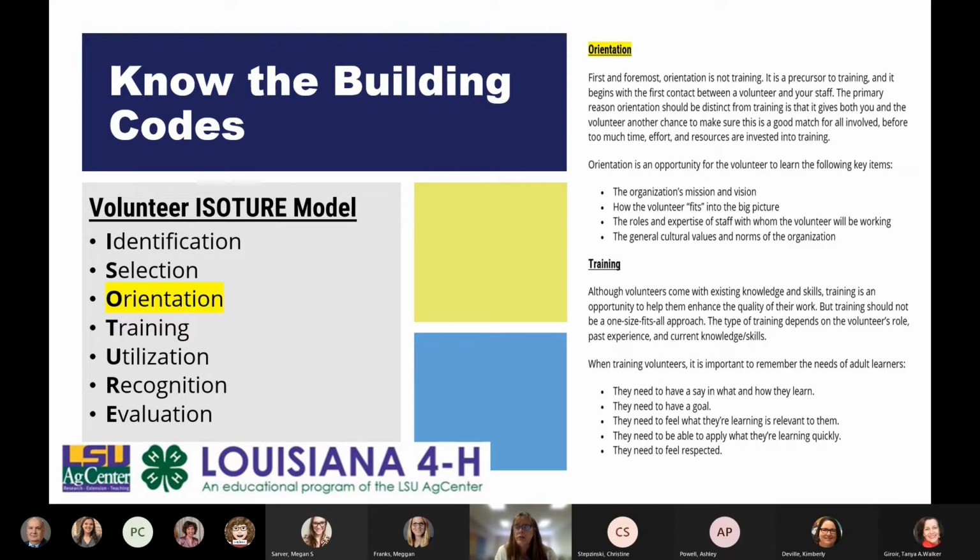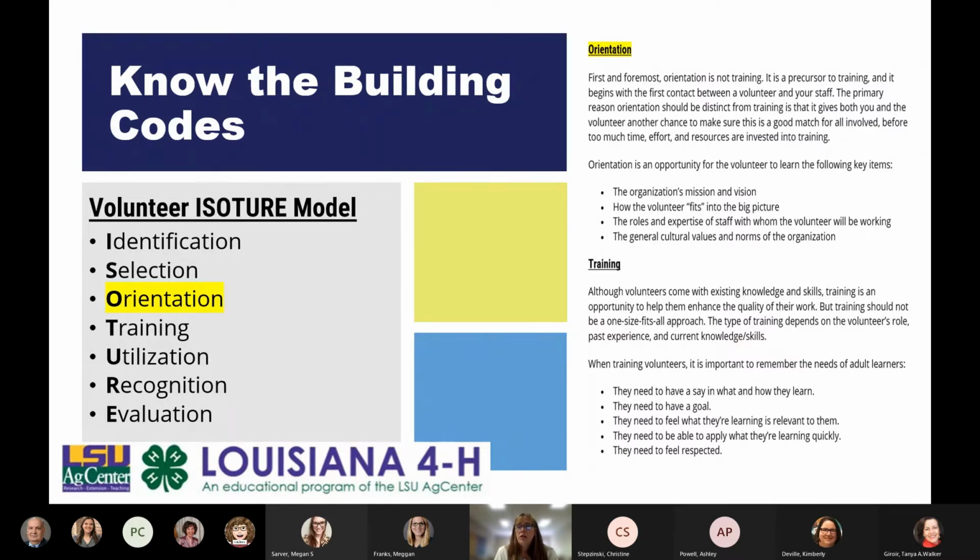It is a precursor to the training, and it is pretty much the first contact that you and your staff may have with your volunteer. The primary reason orientation should be distinct from training is that it gives both you and the volunteer another chance to make sure this is a good match for all involved before too much time and effort are put in and resources are invested into training.